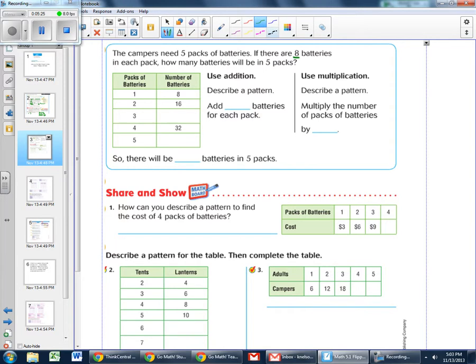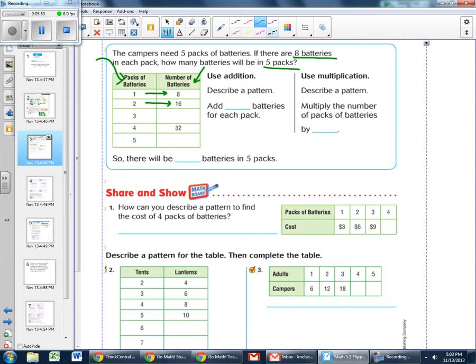So again, we have some good information here. Used a table again. So you have packs of batteries and how many batteries are needed. So we have 8 batteries in each pack. So in one pack, you have 8. Okay? So think about what is happening here to this 2 to get to the 16.